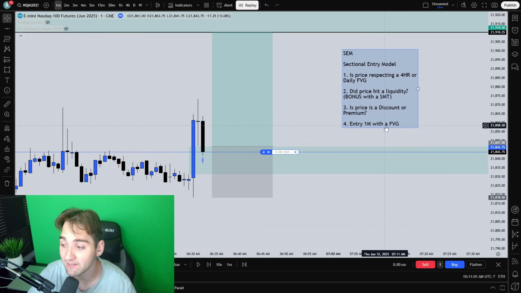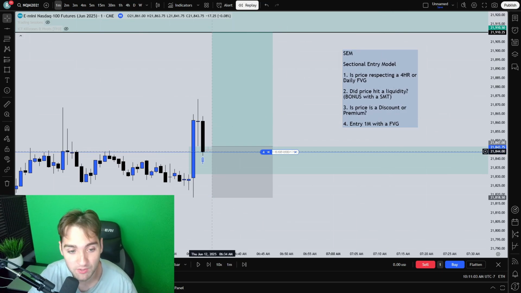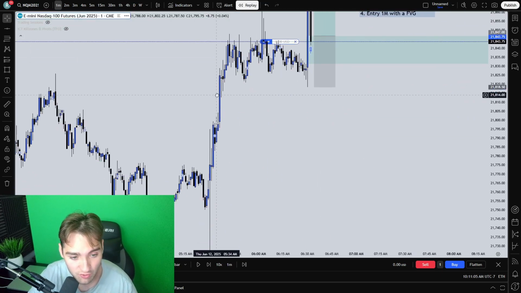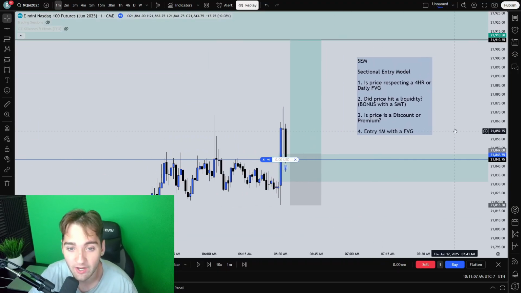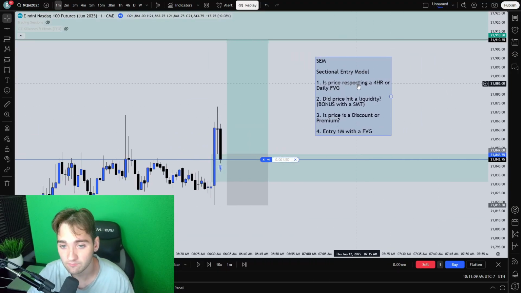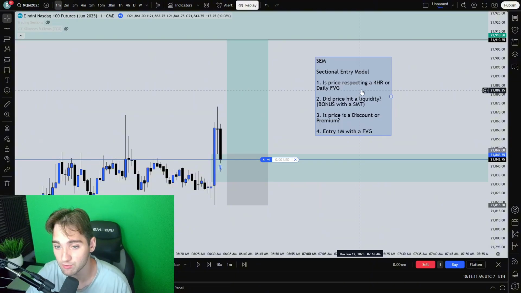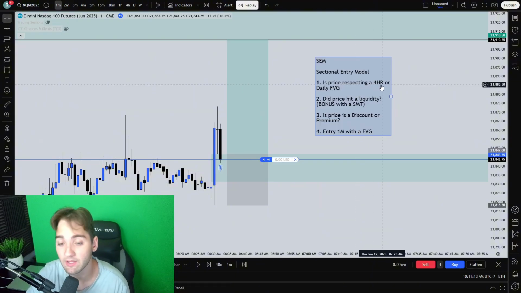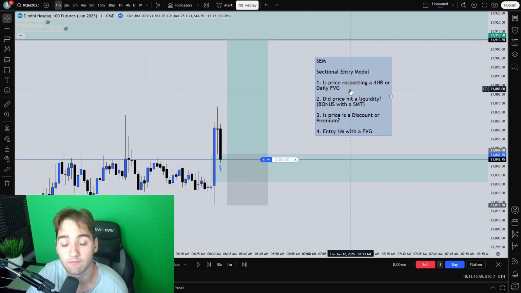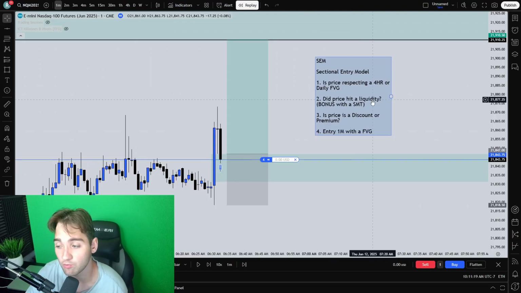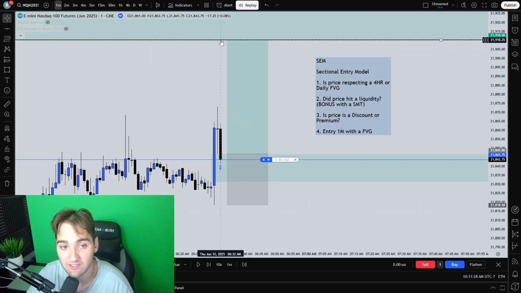Now, what is price likely to do? Well, we're inside that bullish fair value gap. We're going to want to see, look at this nice trend we're in. Nice trend again. We respected a daily fair value gap as well as a bearish fair value gap, right? However, on the 4 hour, it did hit that liquidity, right? And we made an SMT with the 1 hour, and then price was in a discount right now until it hits up here.